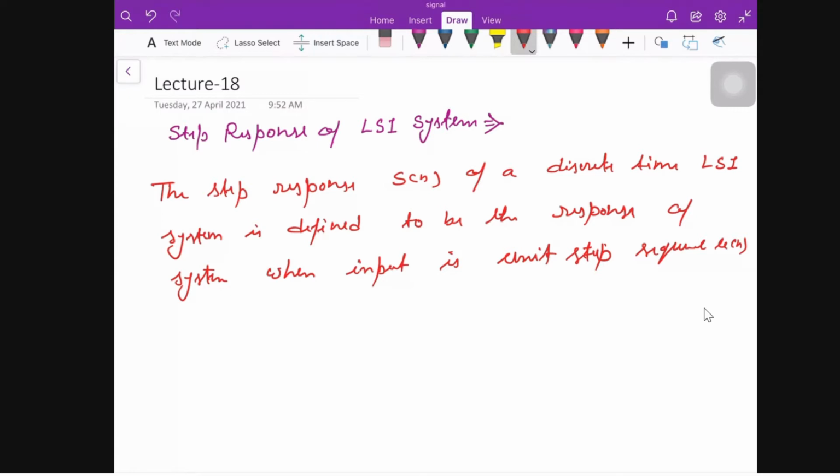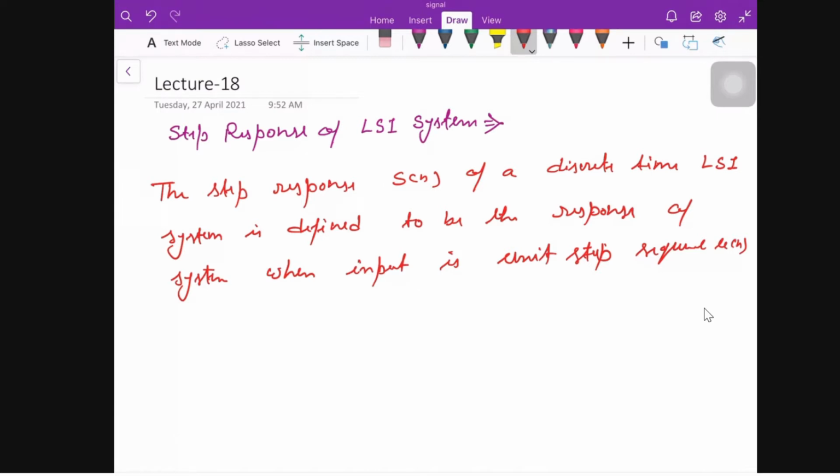When the input is an impulse, the response is called the impulse response, but when you are giving the input as un, it will be called the step response, denoted by Sn. So we have to calculate the value of Sn. If the question asks you to calculate the step response, then you have to calculate the Sn value. If they are asking about the impulse response, then you have to calculate hn in terms of Sn. It will be given in your question.